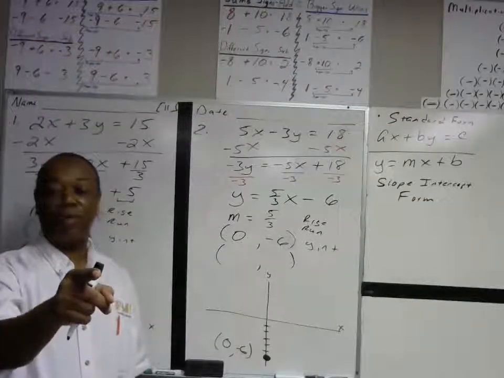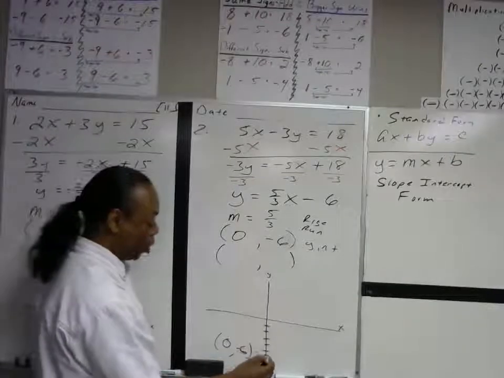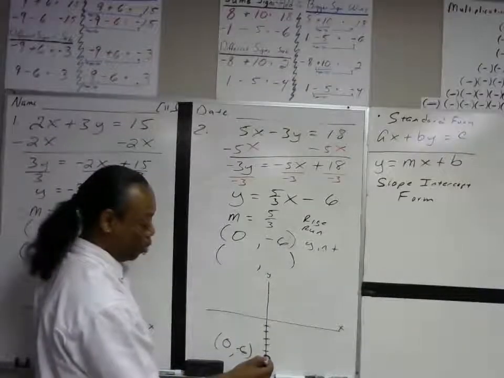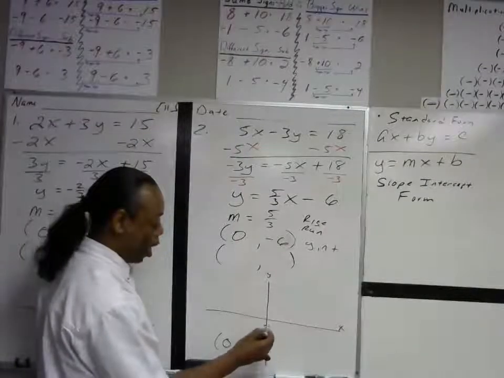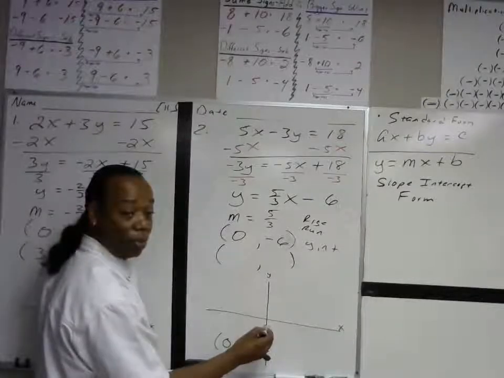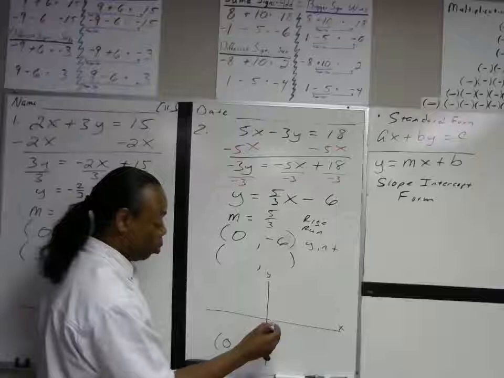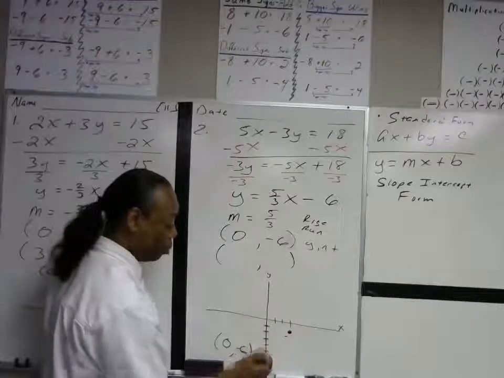Francisco. So, how far do I go from this point 0, -6? Up 5. 1, 2, 3, 4, 5, and then over 3. 1, 2, 3. So here I am. Very good.